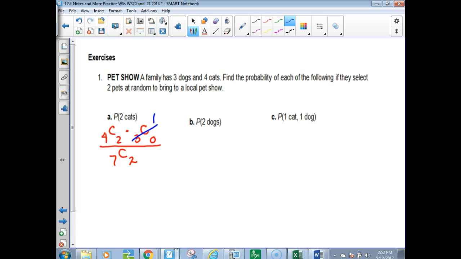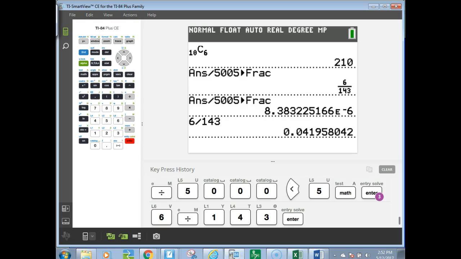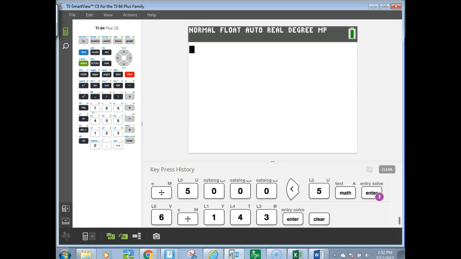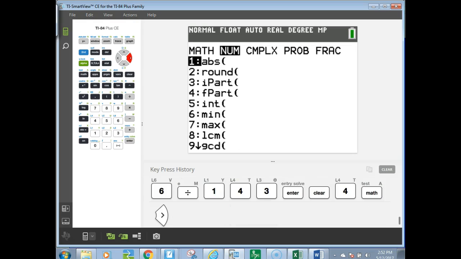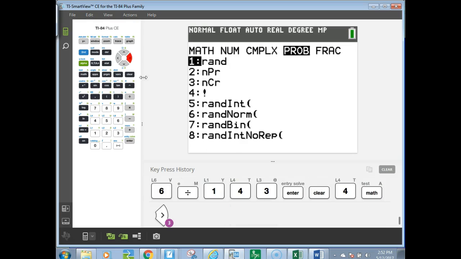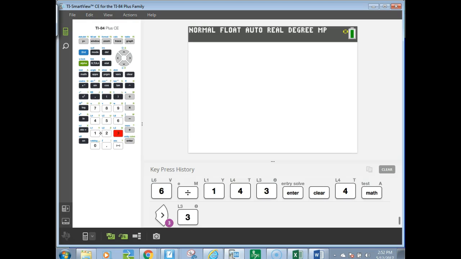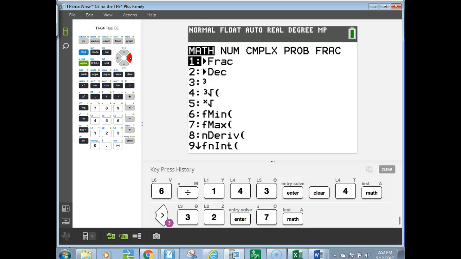Now, I don't know necessarily what 4C2 is, so I grab my calculator. Remember that you put in the 4 first, and then you hit math. You arrow over to probability, choice 3, and you put in 2. Okay, that's 6. And then I'm going to do 7C2 while I'm in here.